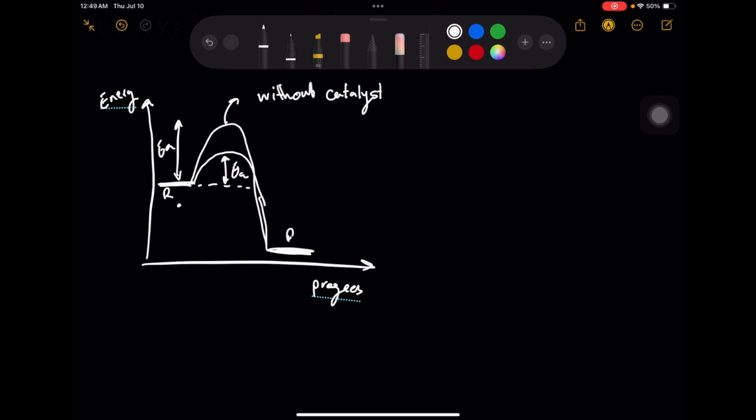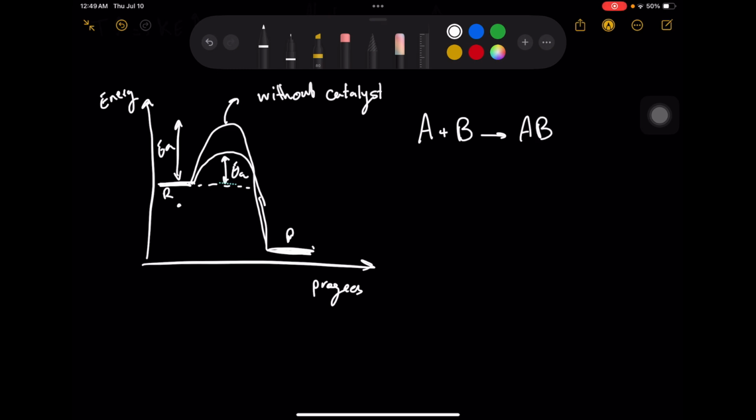The energy of the reactants and the products are constant. It just lowers the activation energy. And a catalyst is not used up when added to a chemical reaction, but regenerated after the completion of the reaction.